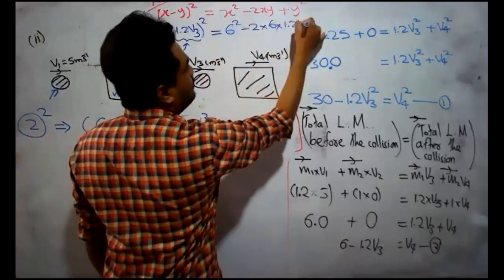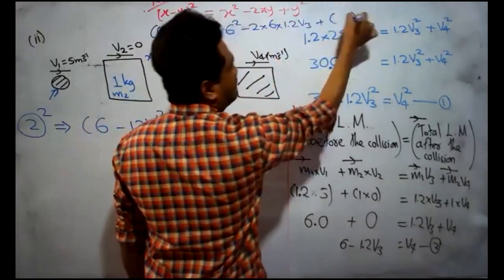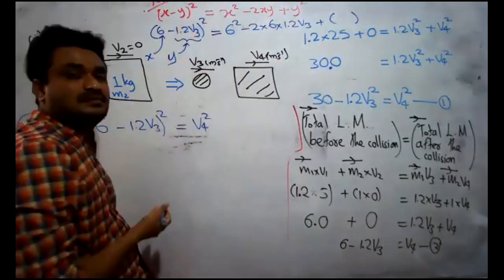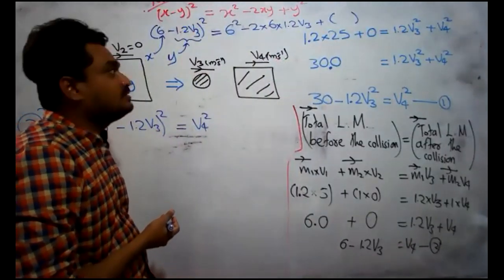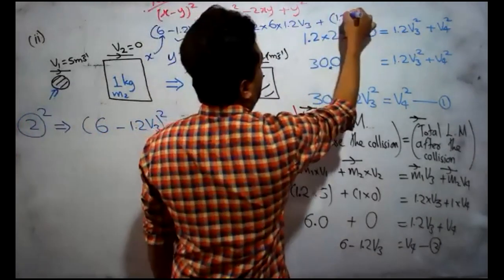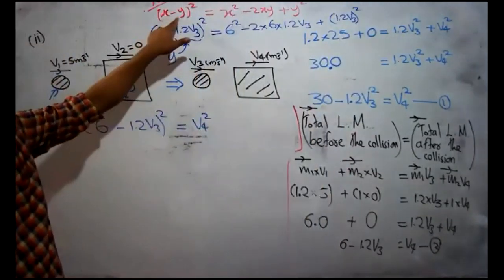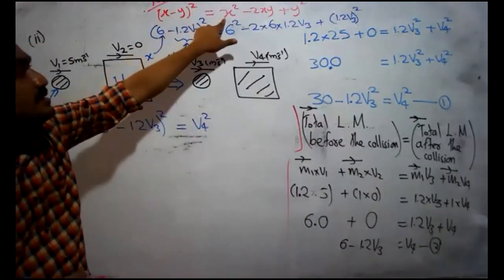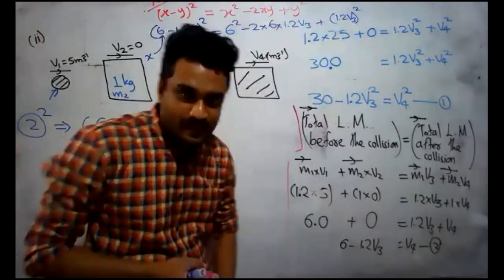Y is 1.2 times root 3 plus y square. What is y? 1.2 times root 3, square. Look at the board. X minus y square is x square minus 2xy plus y square.